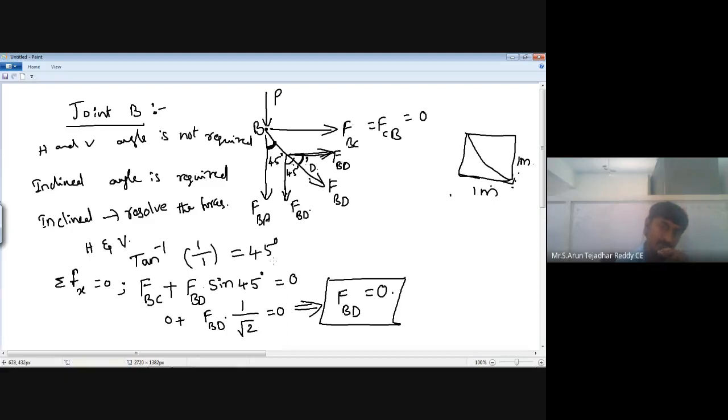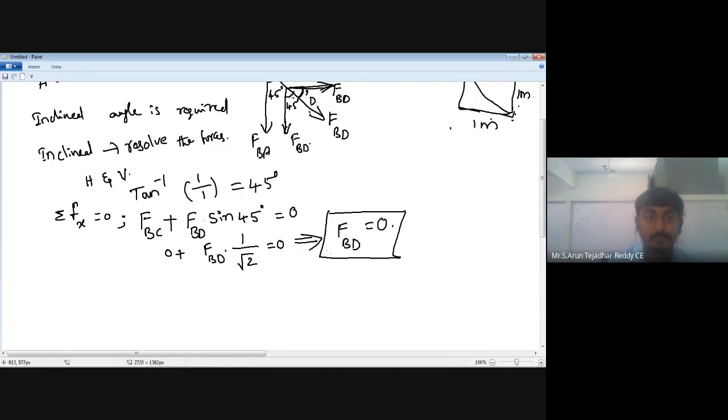So now total 5 forces are completed. And is there any pending? No. Here we have applied only sigma Fx, and sigma Fy is there. Whether it is required or not. Generally it is not required, because already total 5 forces are completed.